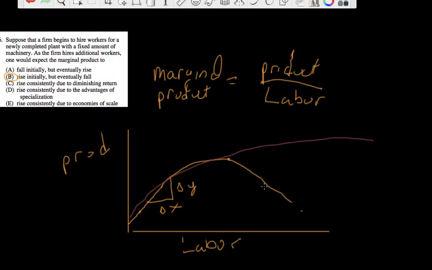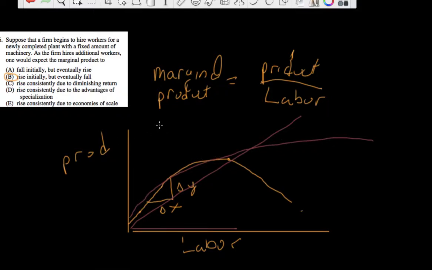But the idea that it's falling is an important point that diminishing returns doesn't just tell you. And it's also not consistent, right? Diminishing returns doesn't mean it's consistent. Something that's consistent would be something that looked like this. A straight line is consistent. And you see diminishing returns gives you a curved line, so we're certainly not going to be that one.